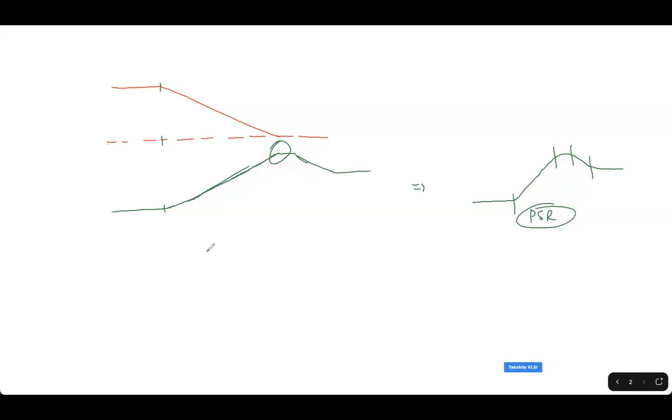Can we make our power supply rejection better? Is it possible that we move this curve down, or achieve a plot more like this? It shouldn't even go near the UGB.